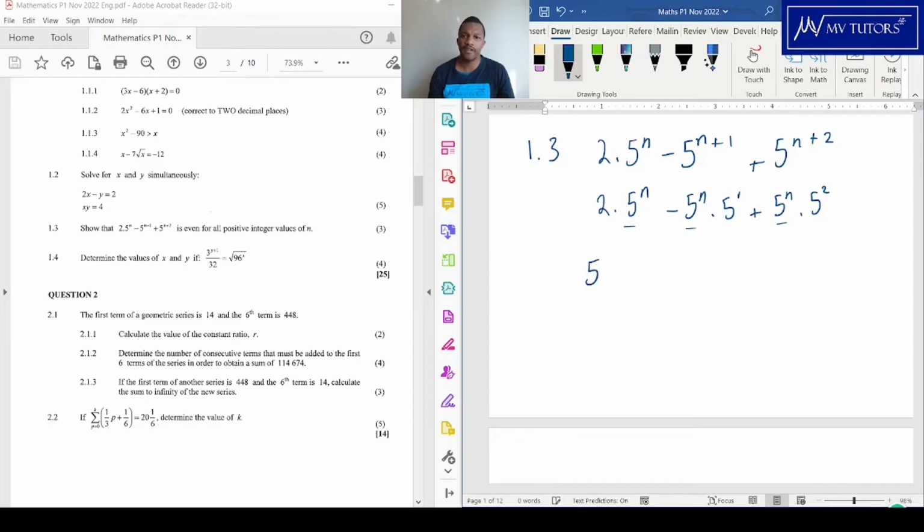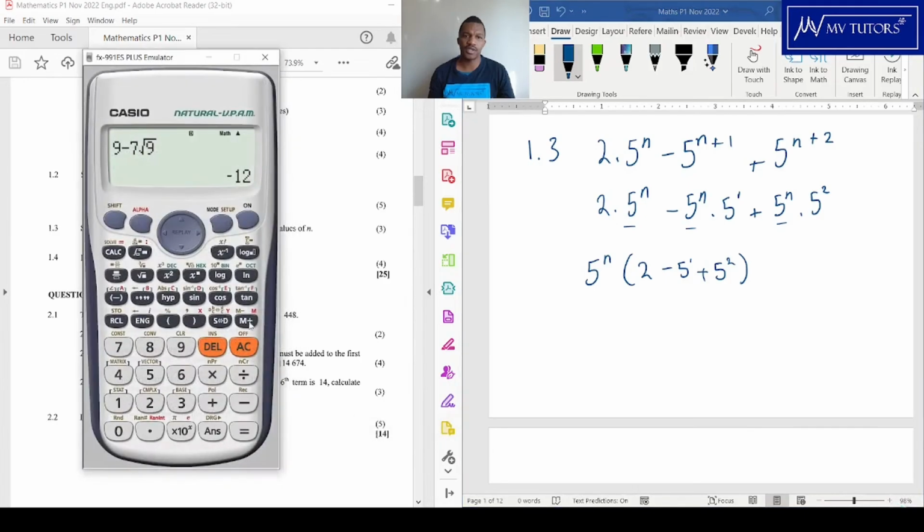So we take 5^n out and we're left with 2 minus 5 to the power 1, which is just 5, plus 5 to the power 2. I know it's 25, but let me just write what's left like that.